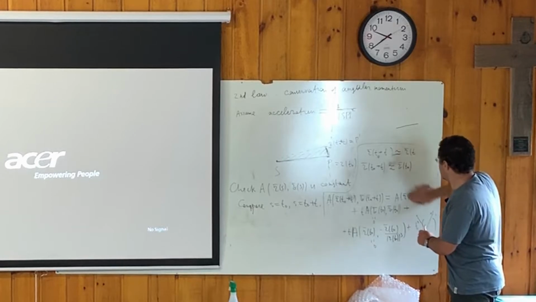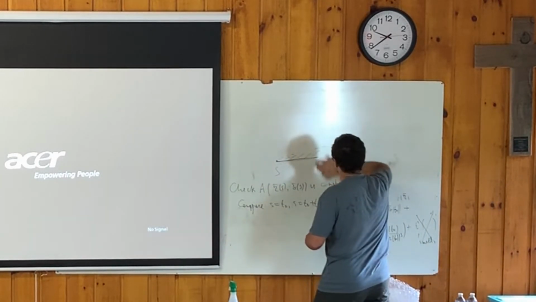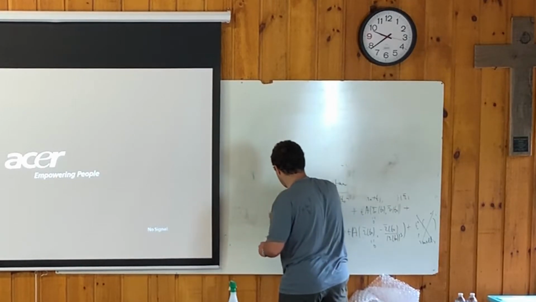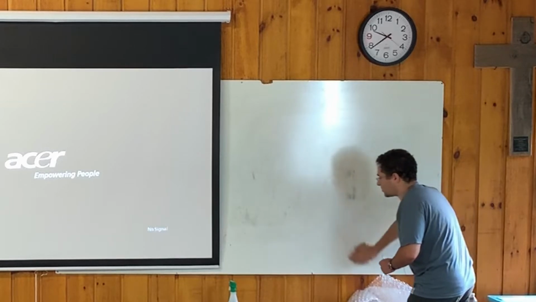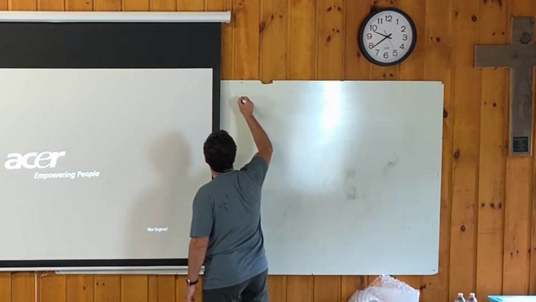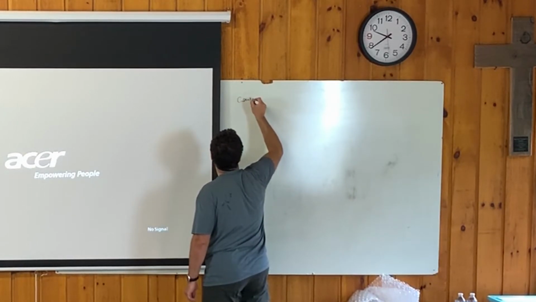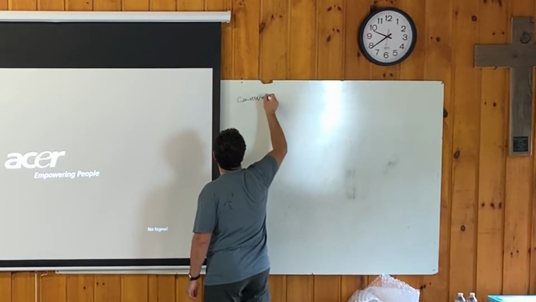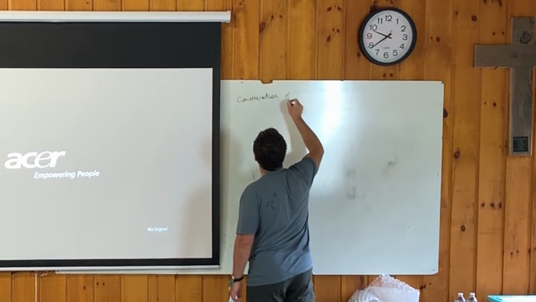Okay, this is standard but important. This was conservation of angular momentum, but there is also conservation of energy, which, just to save time, I will not derive, but it can be derived in a pretty similar fashion. So conservation of energy.